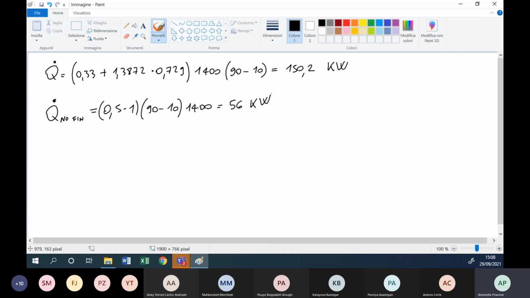So I increase 3 times with fins, the heat transfer rate increases 3 times.